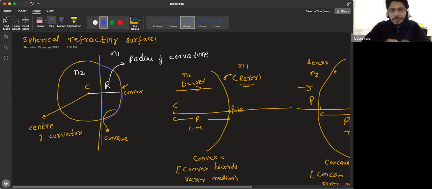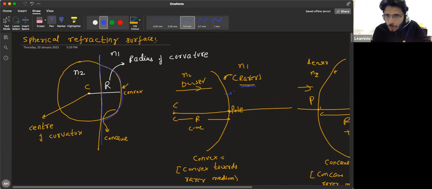Now, whether this surface is convex or concave depends upon the rarer medium. If your surface is convex towards the rarer medium, then it's a convex refracting surface. Say this is my rarer medium, and the surface towards the rarer medium is bulged; this is the convex surface, and this is the concave surface.